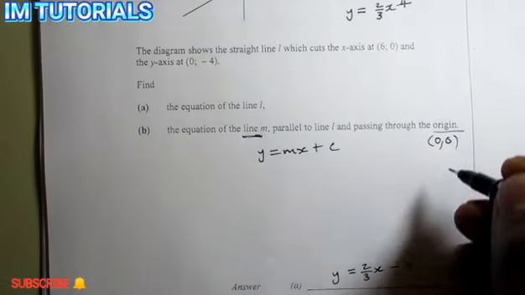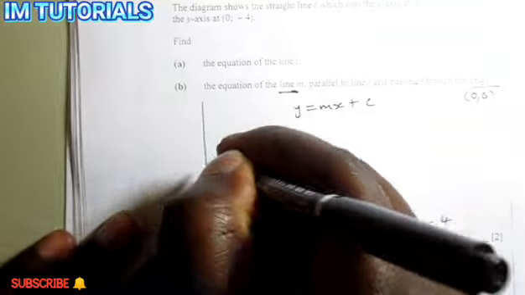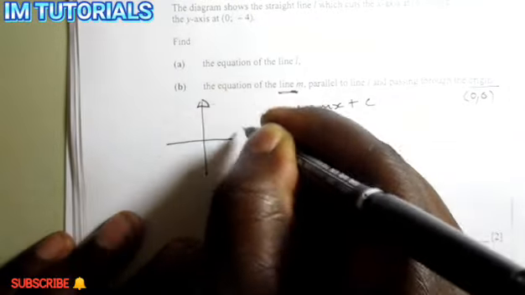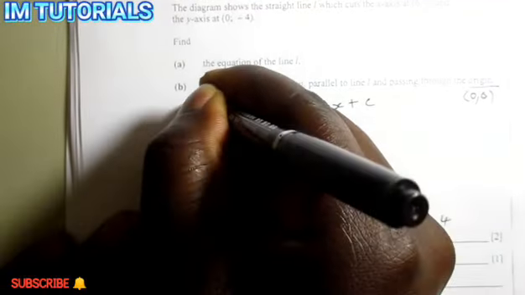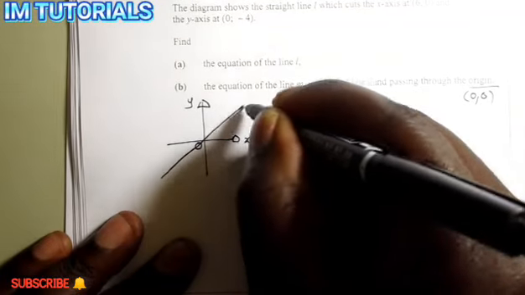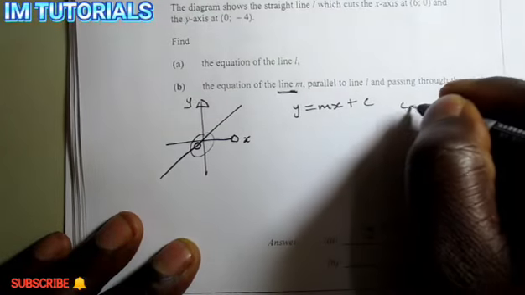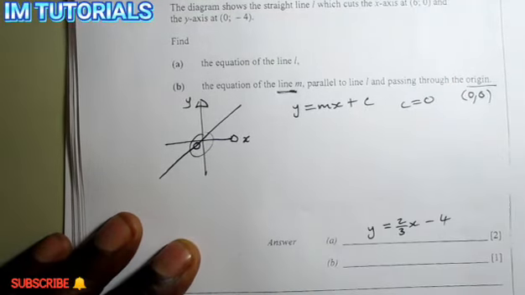Since it is passing through the origin, this is the y-axis and this is the x-axis, and (0, 0) is the origin. So if your line is passing through the origin, it means that the line is cutting the y-axis at 0. Therefore, c is equal to 0.